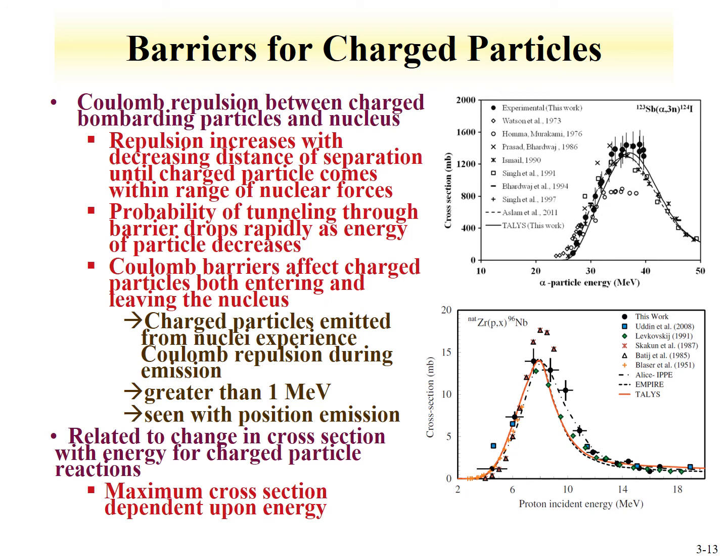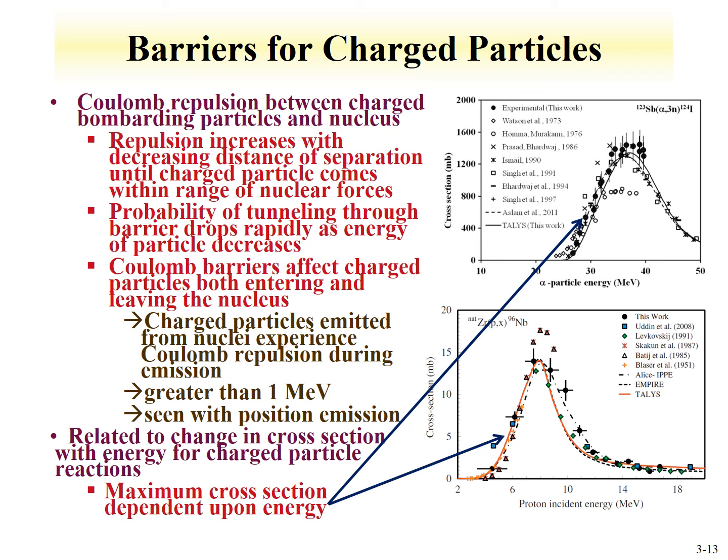Now, based upon what we've discussed on reactions, there's a few things that are demonstrated here. One is that we have this minimum threshold energy due to the Coulomb repulsion, and then there's also a maximum cross-section that is defined by a given energy at which the highest probability of the reaction occurred.